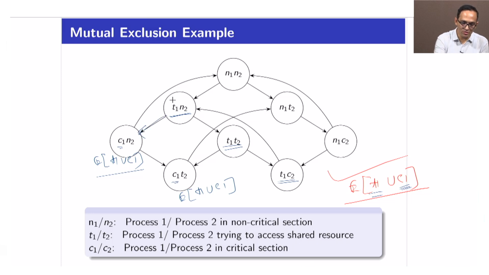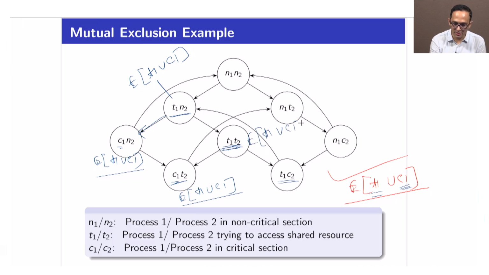So this state also I can label E T1 until C1. For this case also I can label the same way, because T1 holds here and there is a next state where C1 holds. So this state also I can encode as E T1 until C1.